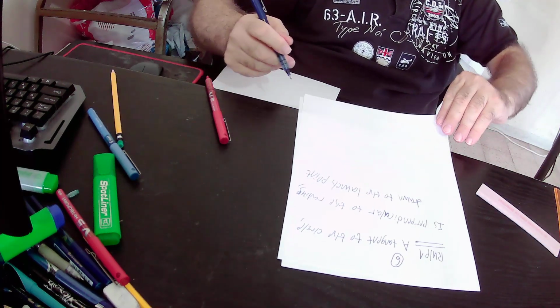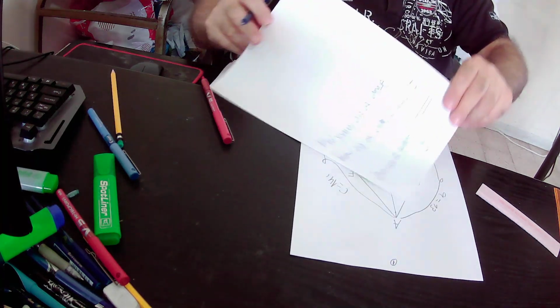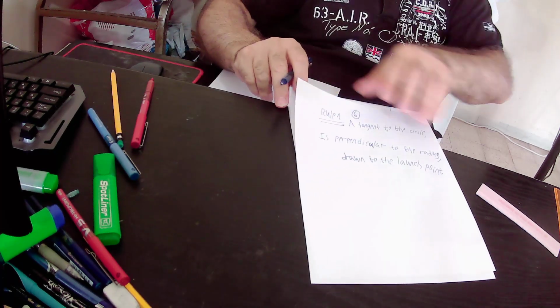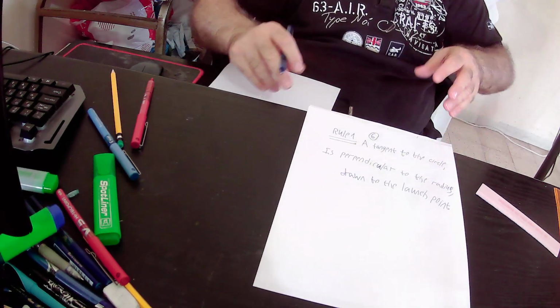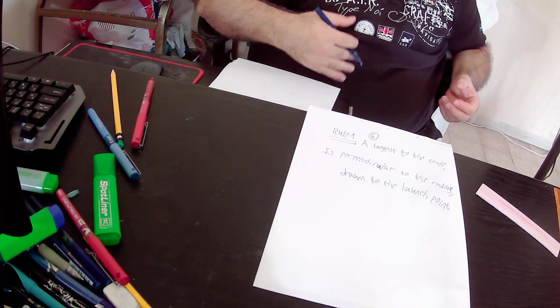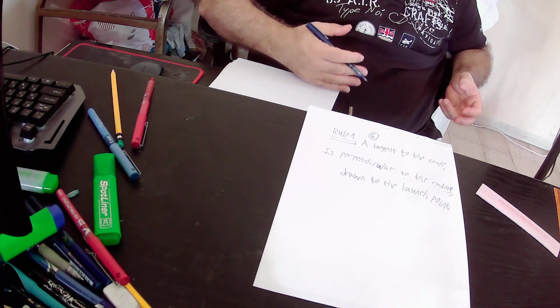Okay, so I will read rule number 1 again. Rule number 1 states that a tangent to the circle is perpendicular to the radius drawn to the launch point.